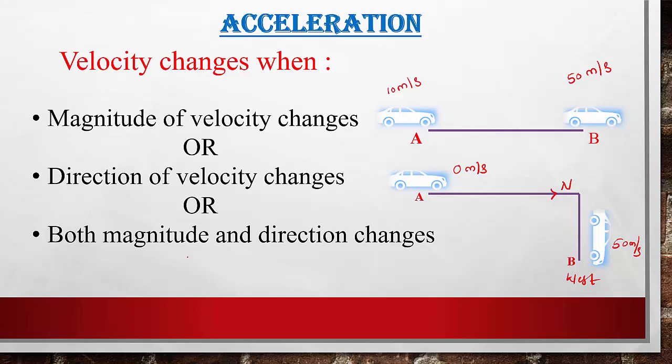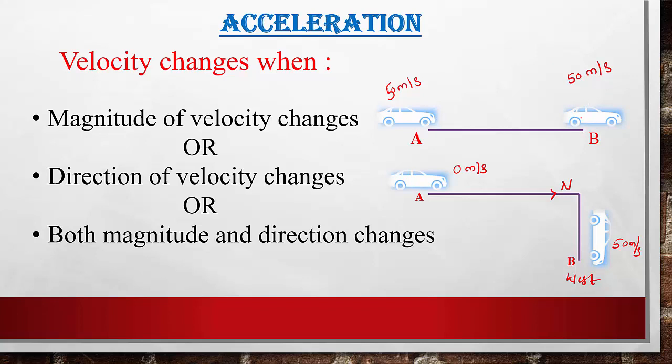Suppose velocity is constant. Velocity is constant means its magnitude as well as direction are the same. Suppose initially the car is at point A with 50 meter per second.